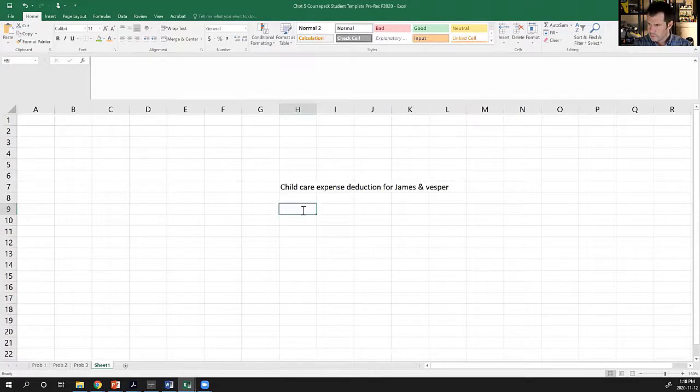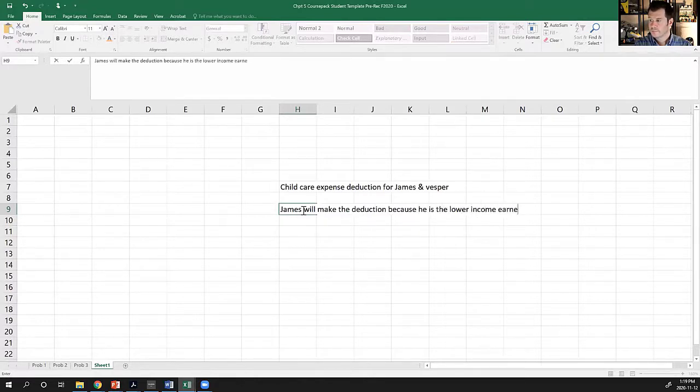Okay, so James will make the deduction because he is the lower income earner. Childcare expense deduction.